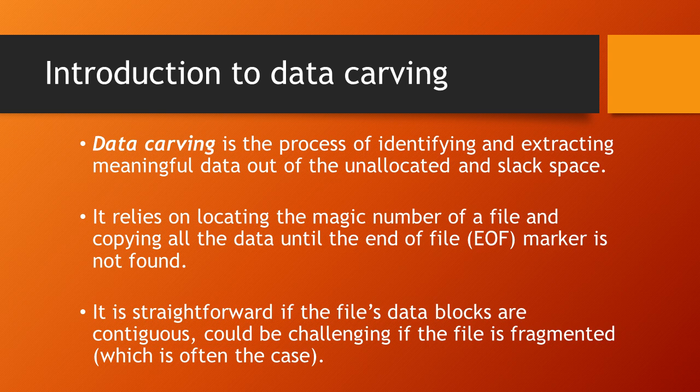If the file's data are stored on contiguous blocks, then the process is straightforward. If the file is fragmented, that is, its blocks are scattered on the disk, then carving becomes more challenging. Algorithms that use heuristic techniques and can also handle file fragmentation have been developed and used in carving tools.